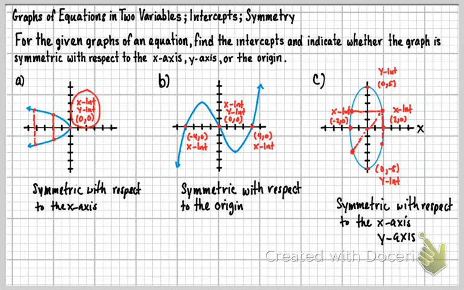So this is also symmetric to the origin. This graph is actually all 3 of them. So that just goes to show that it's not necessarily going to be one or the other. It could be all three. Could it be only two of them? Something to think about. Or it may be none of them. Okay, so there are our graphs.